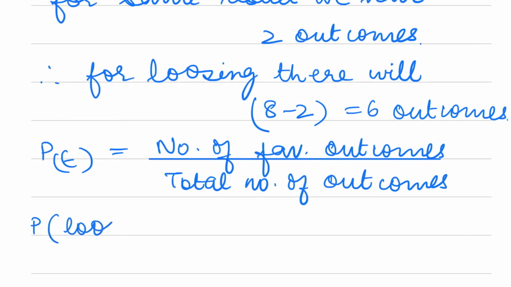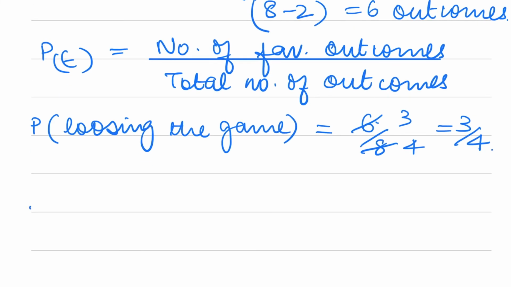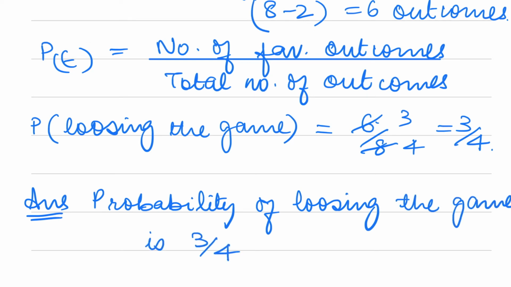Probability of losing the game here will be, if you lose the game, there are 6 outcomes and total outcomes are 8. So 2 3 times and 2 4 times. So this is equal to 3 by 4. So answer, probability of losing the game is 3 by 4.